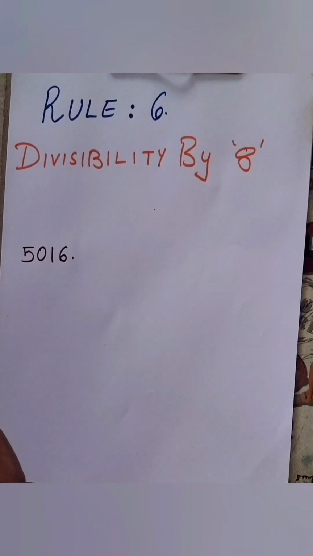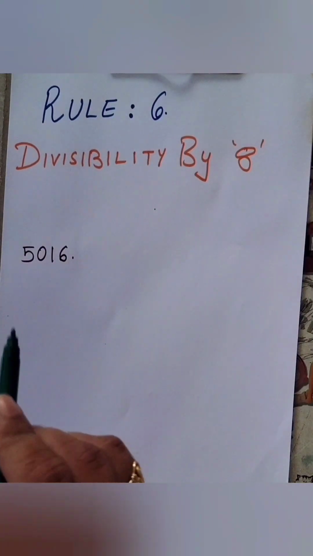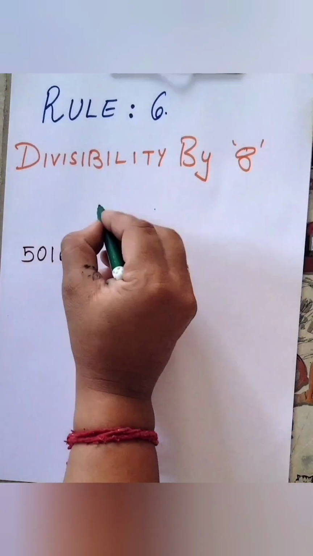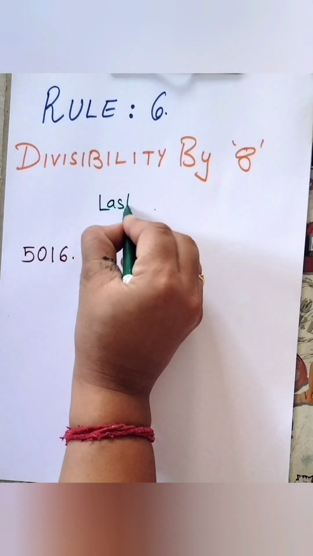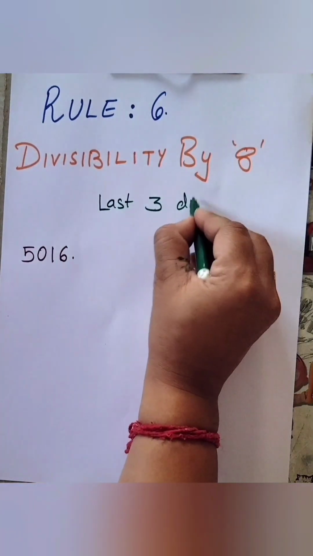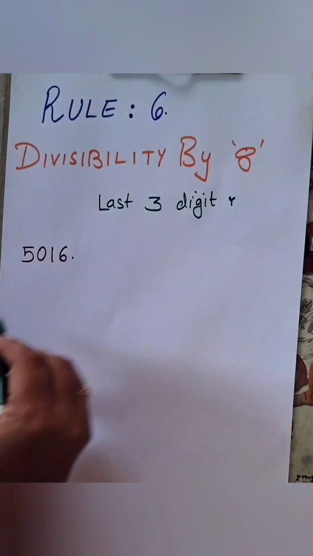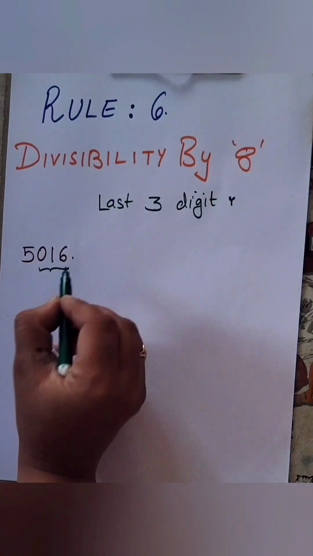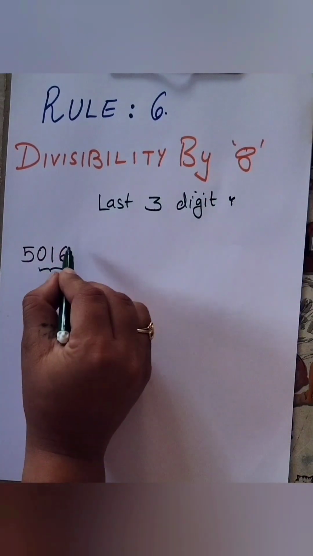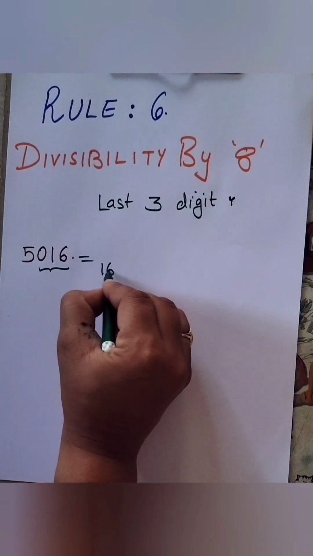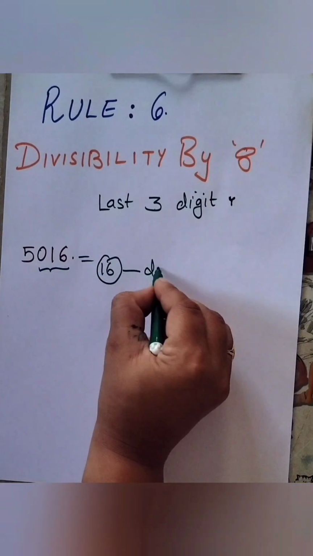So here we are moving ahead with the divisibility rule of 8. For this, what we have to do is see the last 3 digits of any number. So in this example, if you see 016, here 016 means 16 only. So 16 is divisible by 8.